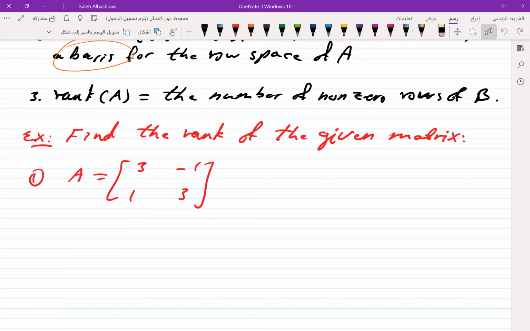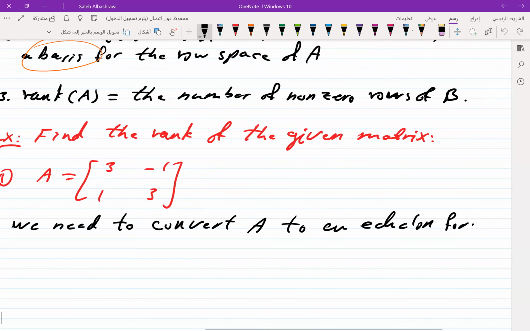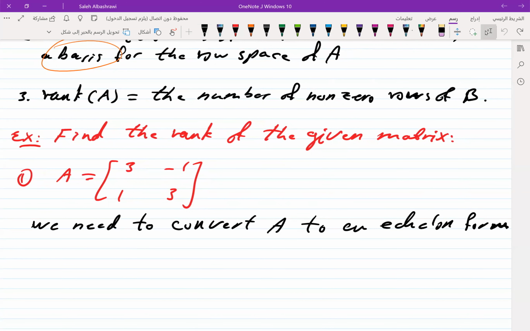I need to find the rank of this matrix A, or in other words, I need to find how many non-zero row vectors there are in the echelon form. So we just convert this matrix to echelon form, applying some row operations.